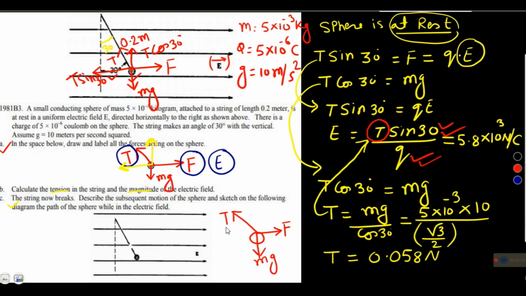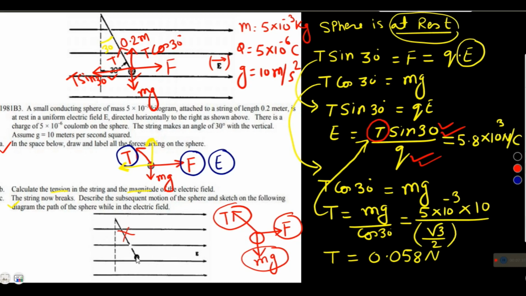So you can say the net effect of force and mg, the resultant of force and mg, is balanced by this tension, right? These three forces are in equilibrium, so the resultant of any two forces is balanced by the third force, right? So if we break this thread, then what will happen?